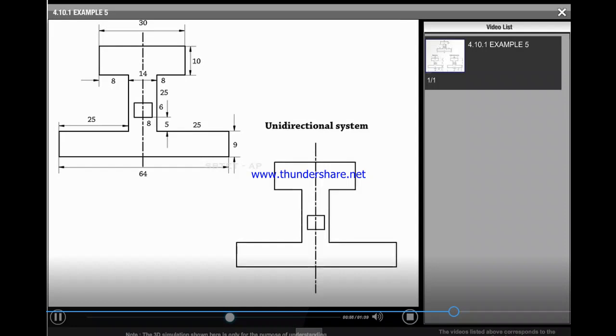In the unidirectional system, the dimensions are to be represented as per the unidirectional system. In this system, all the dimensions, whether vertical, horizontal, or inclined, will be represented with vertical stroke letters.